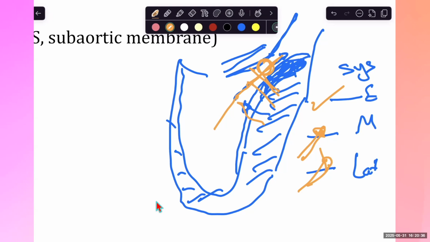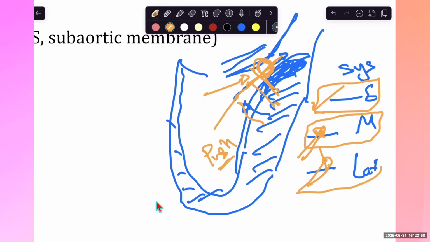The contraction of the septum will push the blood, and on the other hand, it will decrease the orifice of the LVOT. So the first part of the systole will go smoothly, and the problem will start from the mid and be accentuated in the late systole.